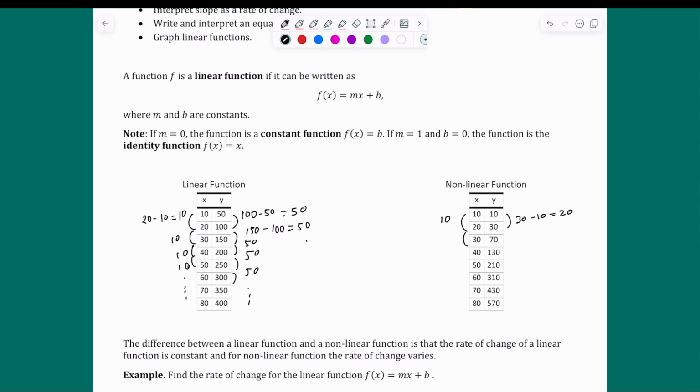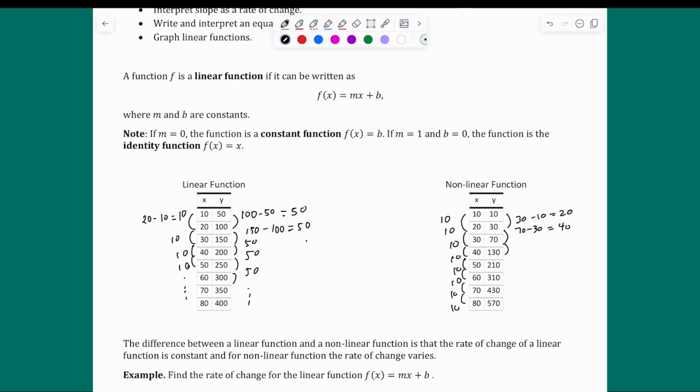Now let's take another ordered pair there. Now we have 30 minus 20, so a change again of 10. This time we have 70 minus 30, which gives us 40. What you will notice here though, if you do this for consecutive ordered pairs, the change of input is staying the same, but the outputs are varying.